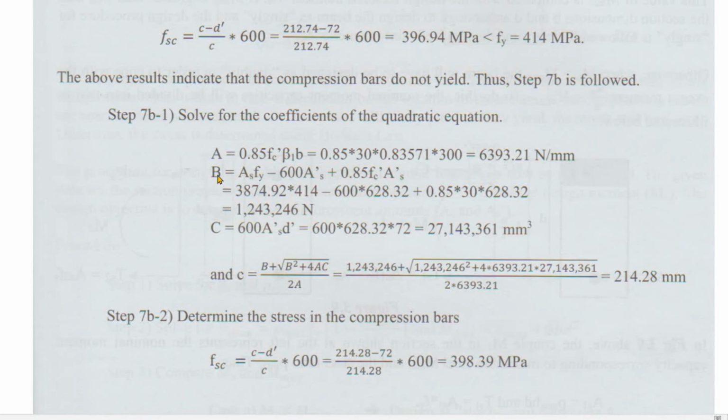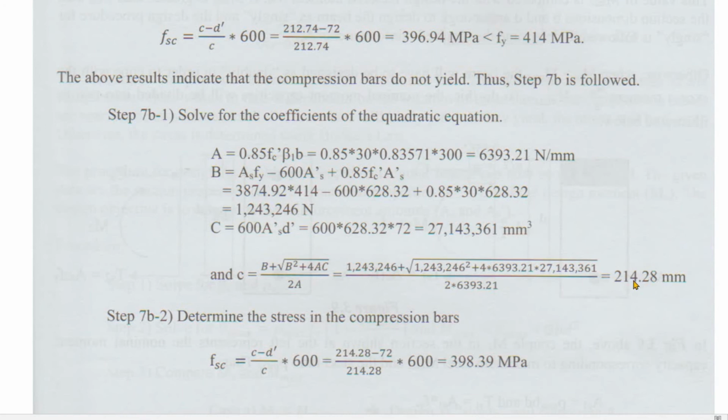Tapos dito sa capital B, given din yung mga ipapasok natin dyan, AS, A prime S, F prime c, saka yung Fy. Ganon din sa capital C, you have A prime S, saka d prime. And then, ipapasok mo yan sa quadratic equation para ma-solve mo si small c, which is 214.28.